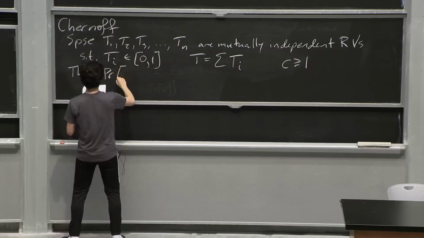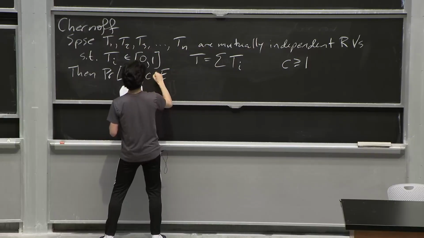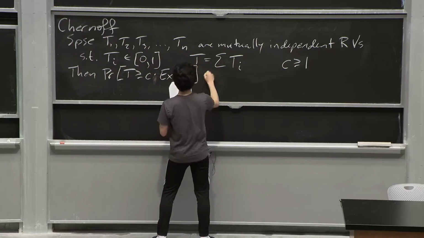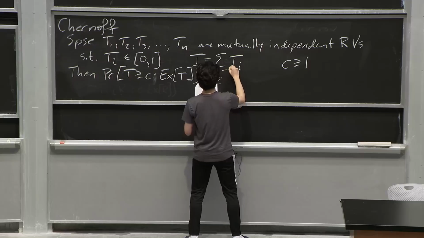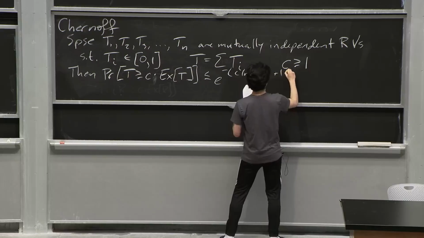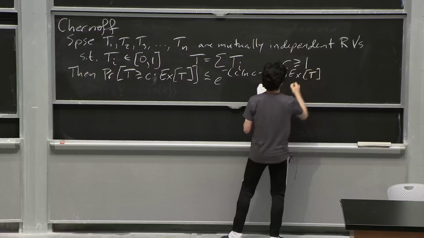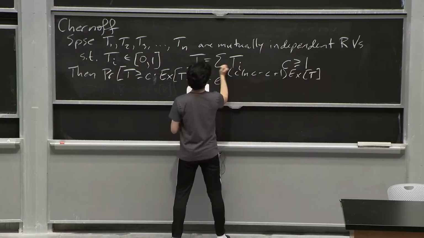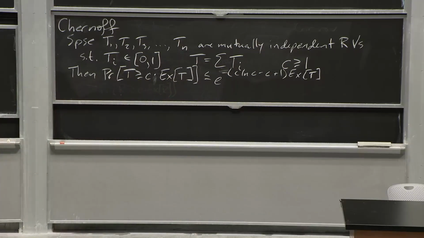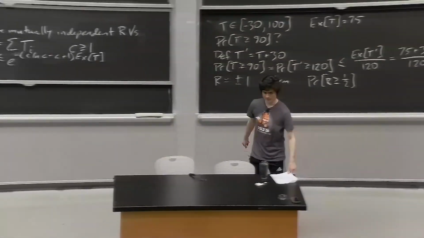The probability that T is at least c times its expectation is less than or equal to e to the negative (c log c minus c plus 1) times the expectation of T. A little bit of a mouthful, but what exactly is going on here?